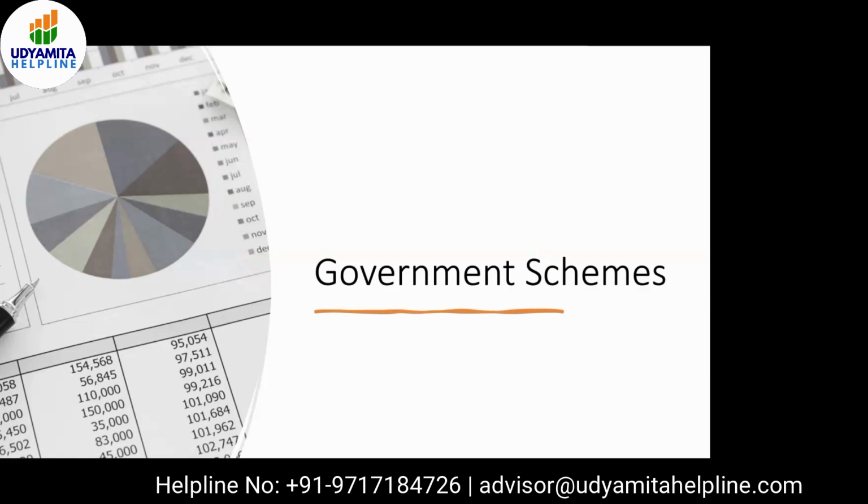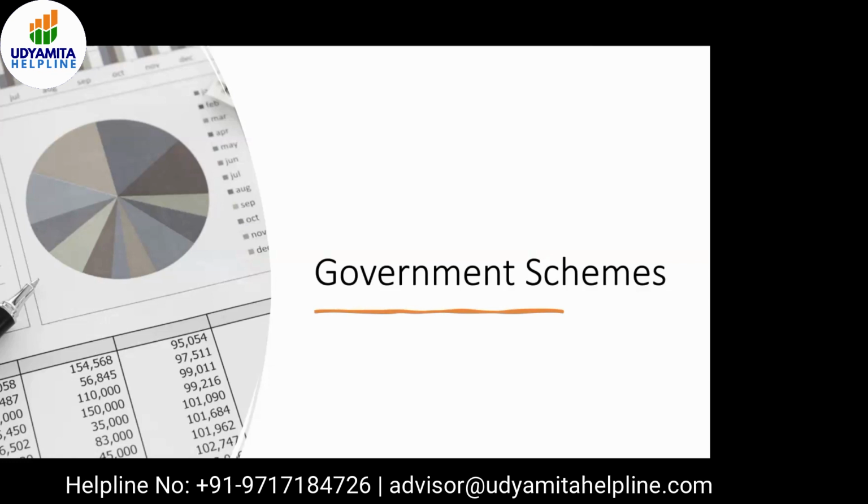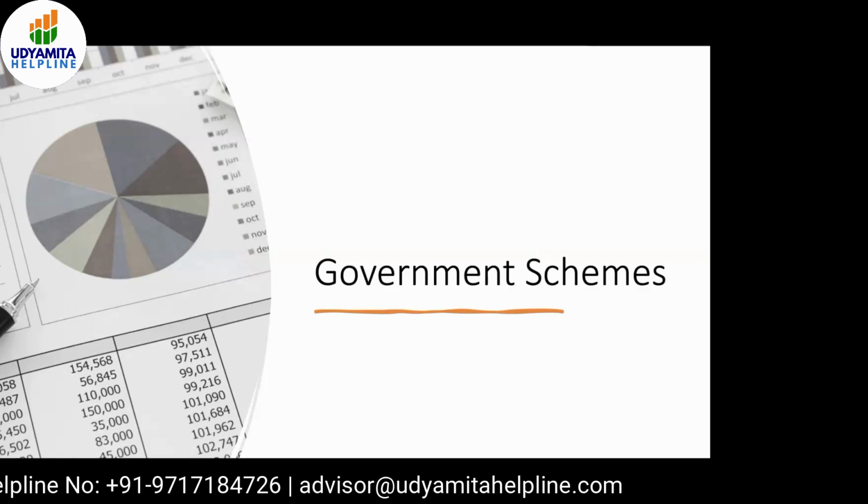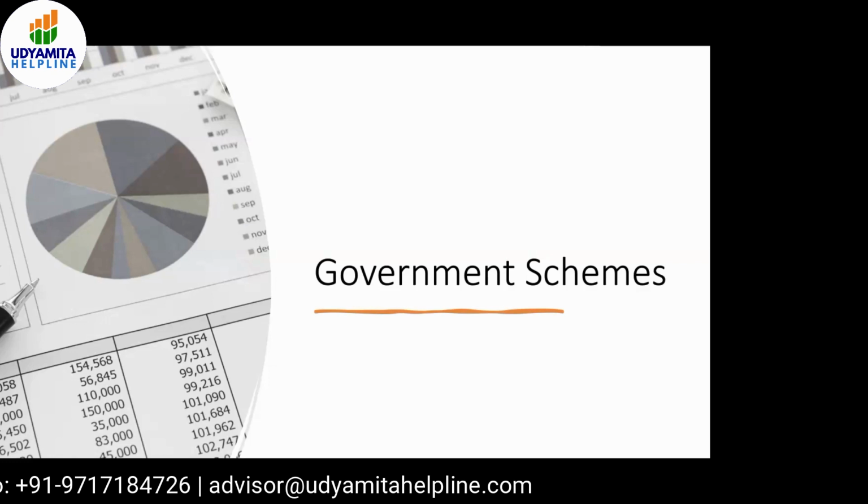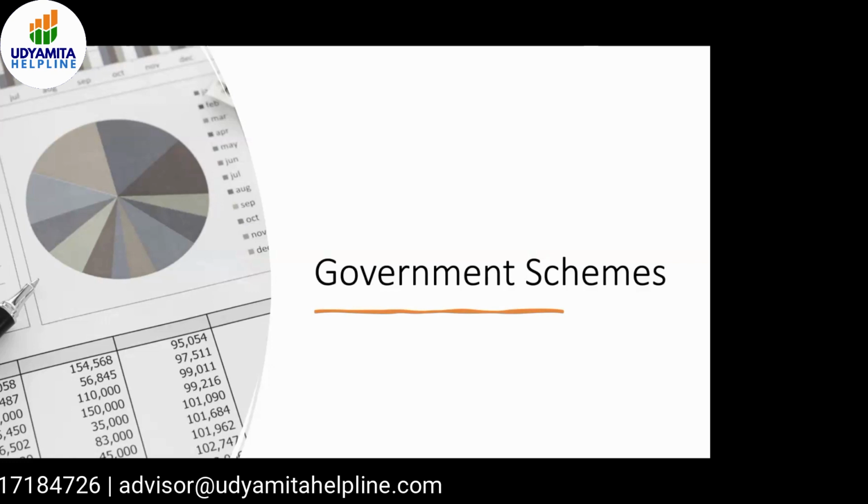There are a few other schemes where if you have a granted patent, they will give a certain amount, 25,000. If you have a granted patent in other countries, they will give you 2 lakh rupees. So these kinds of schemes are available, specifically for startups, MSMEs, and female inventors, female applicants.